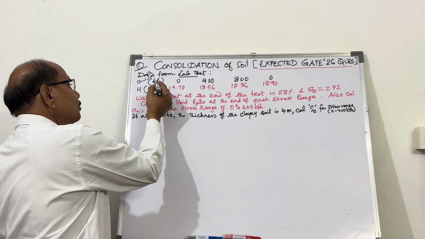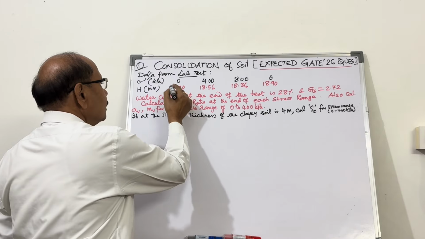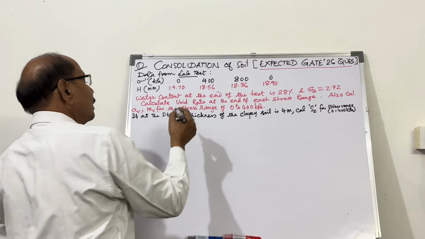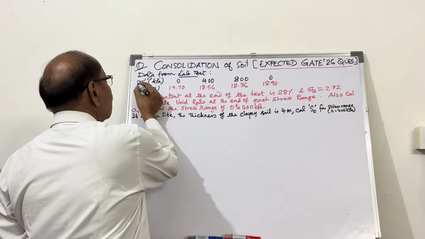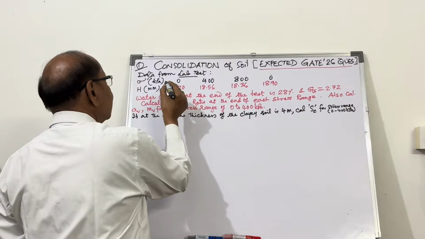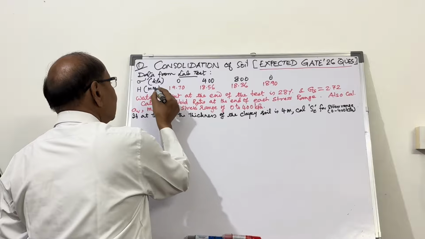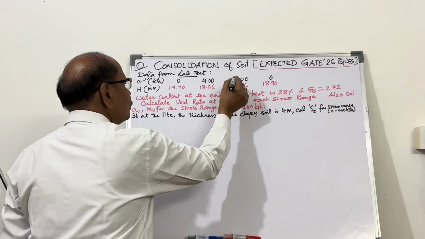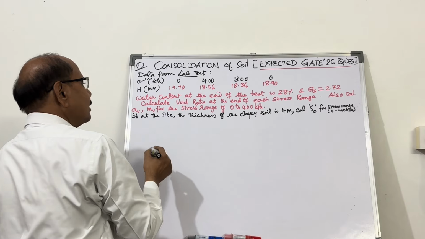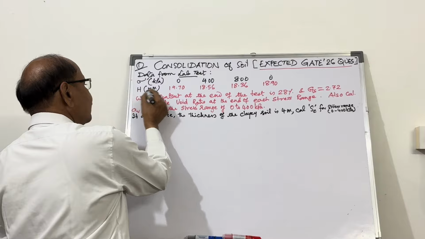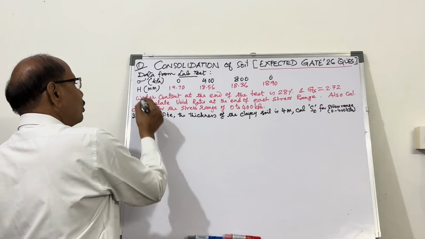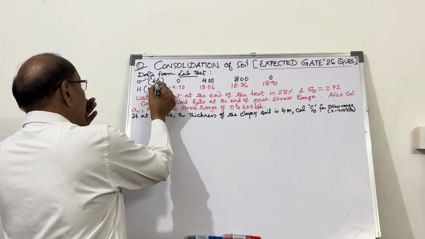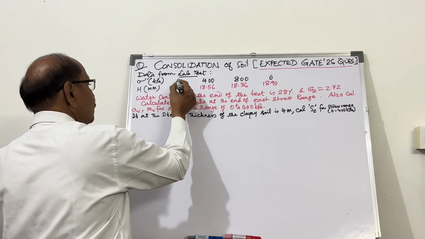The effective stress in kilopascal is given on an undisturbed sample, in a stress range from 0 to 800, and then it has been made 0. The thickness of the sample is also given. The thickness is in millimeter and the effective stress is in kilopascal.